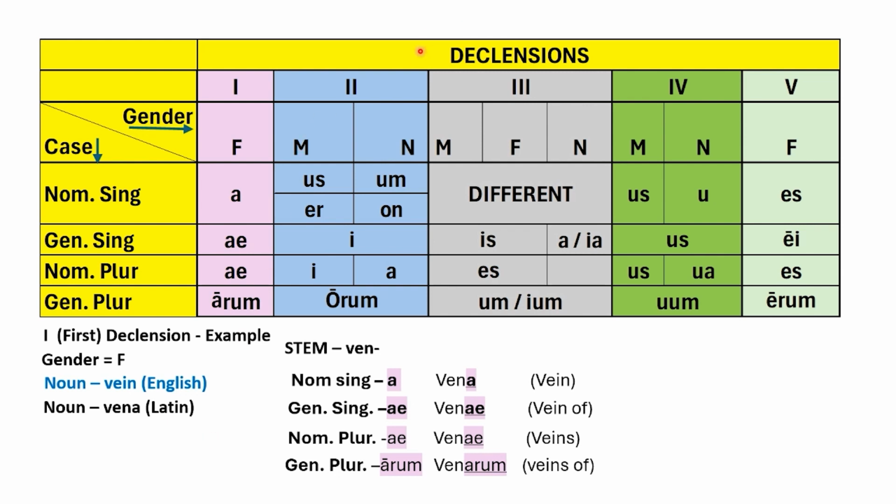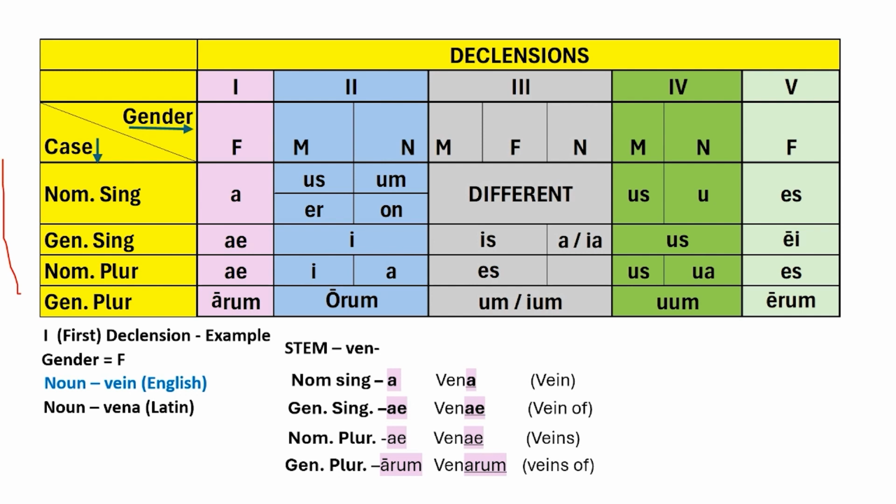So this is the declension of noun. This is the first row with the declension of noun. And in the first column you see gender and casus. We are just focusing on two casus, nominative and genitive, singular and plural.